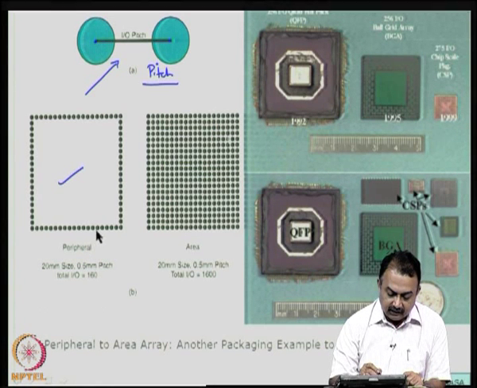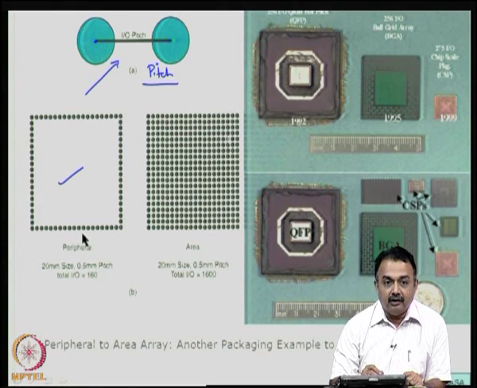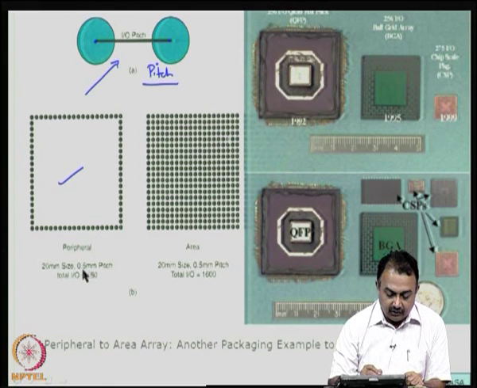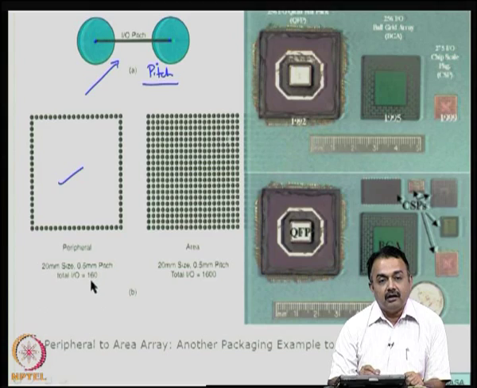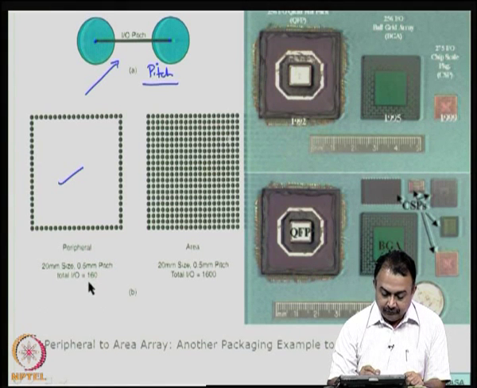Now, as an example here, if this is 20 mm size with a pitch of 0.5 mm, that means the distance between this and this midpoint is 0.5 mm or 500 microns, then the total IO possible here will be 160 pins or IOs. Now, the same thing with area array packaging.